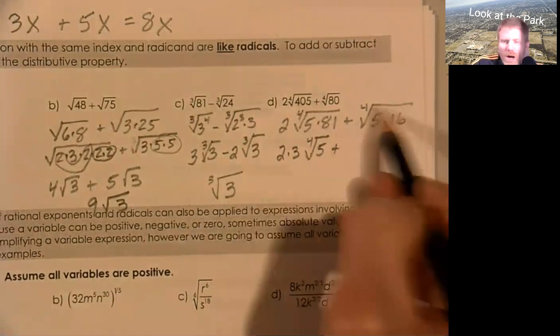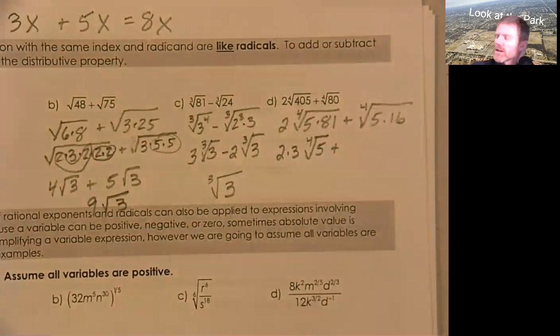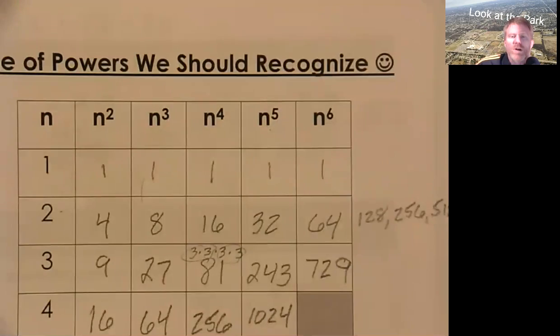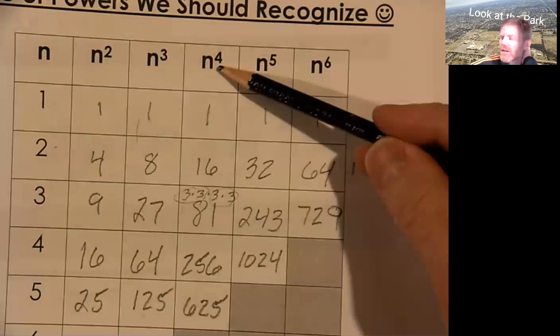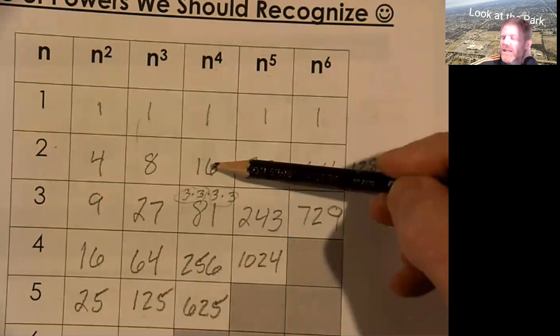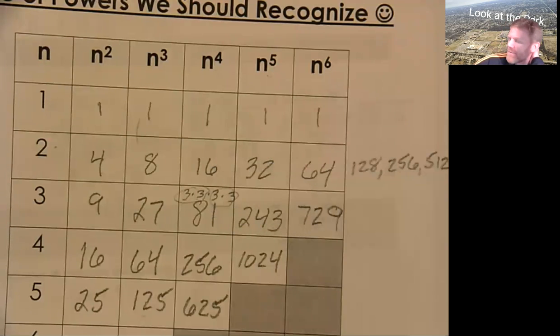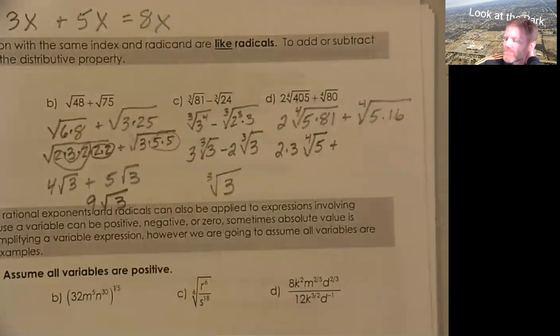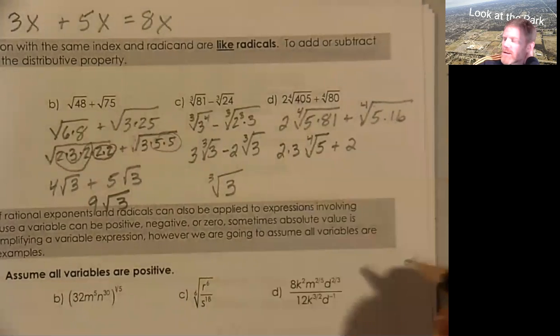If you're not really sure, you can at least go to your chart and look down the 4th root and look at your numbers. We have 16, we have 81. Those are the 2 numbers that we're using right now. So the 4th root of 16 is 2.